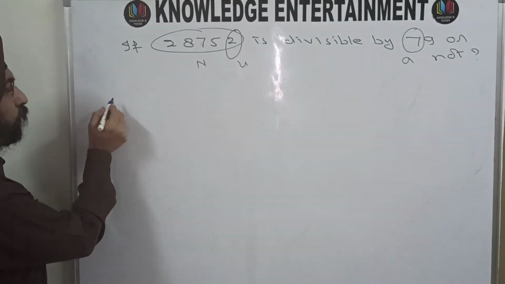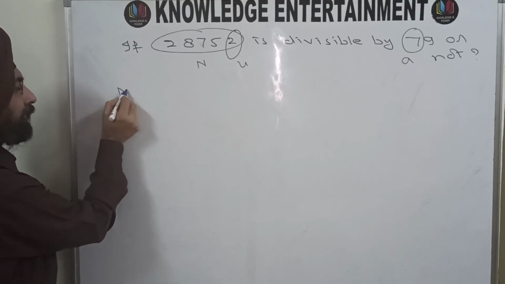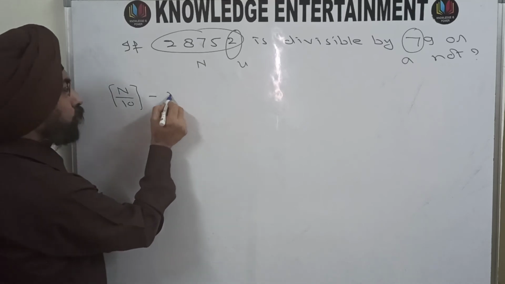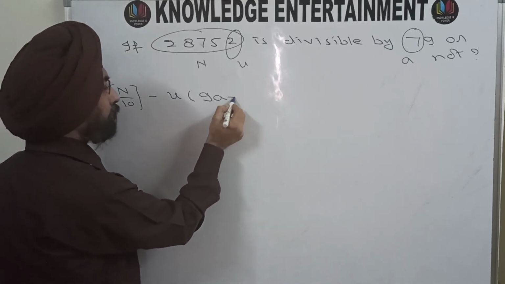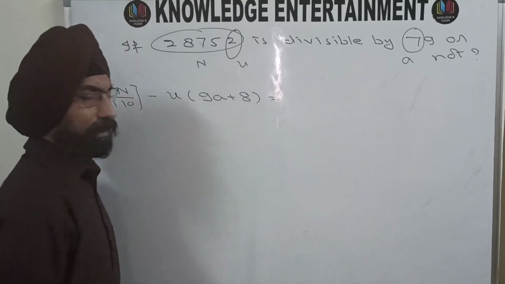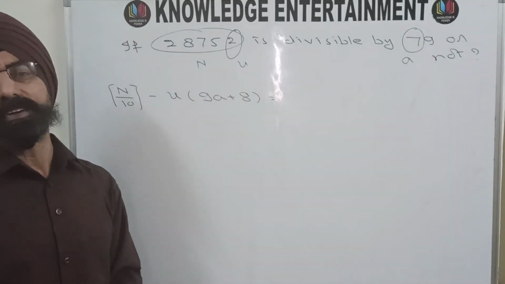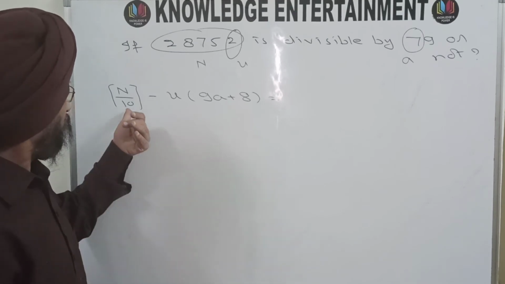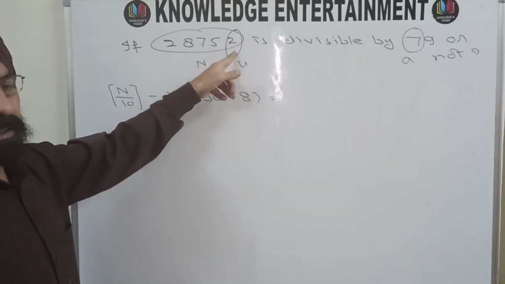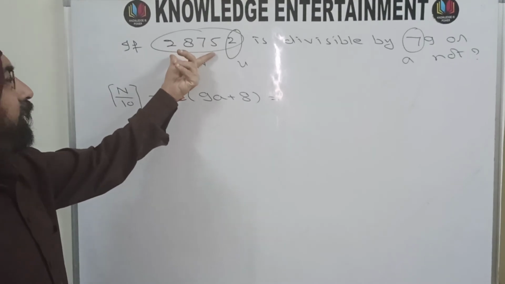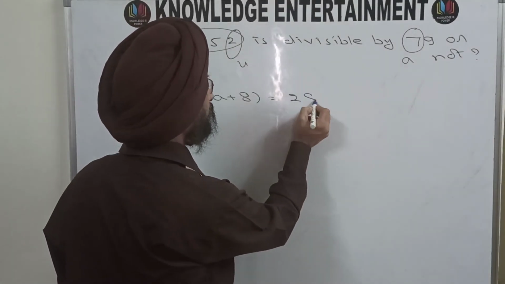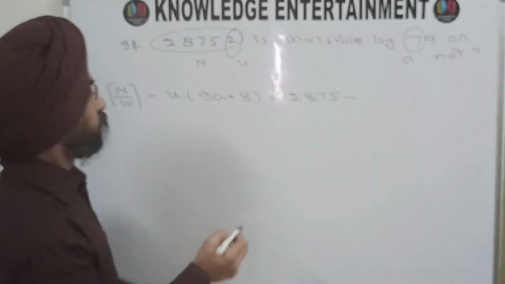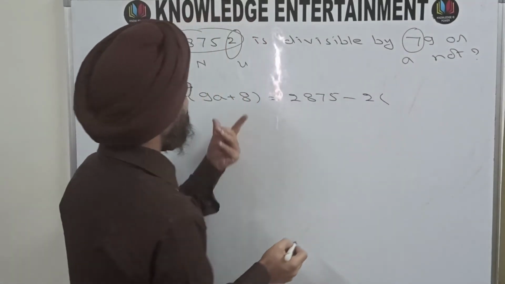And what you have to calculate is n by 10 greatest integer minus u times (9a + 8). And we will repeat the process till we get a smaller number from where we can check the divisibility very easily. So n by 10 box, you know, the last digit will be removed and the rest of the number will be there. So it will be 2875 minus u times, so u is 2, so 2 times (9a + 8).